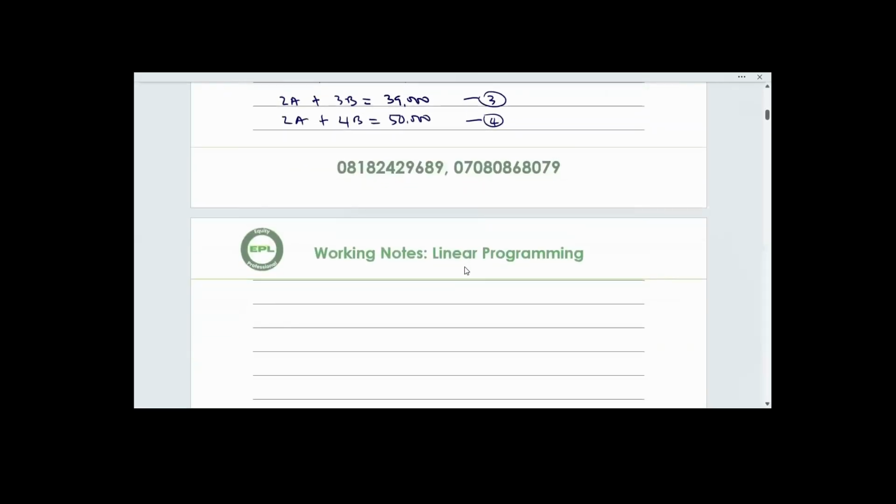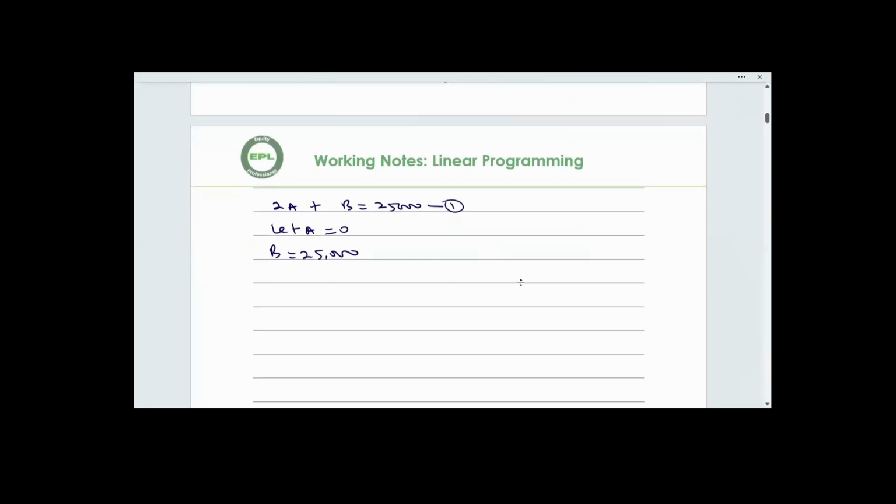The first equation, which is 2A plus B equal to 25,000. Let A equal to 0. Therefore, B is equal to 25,000.